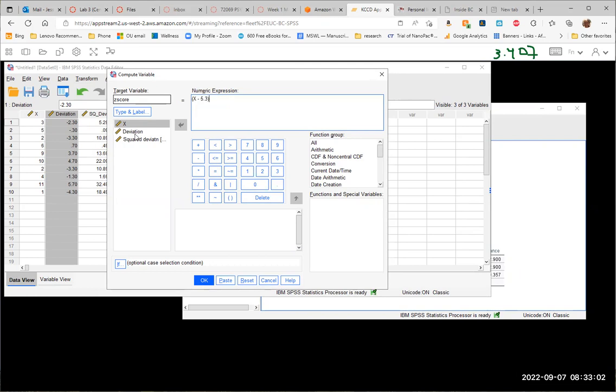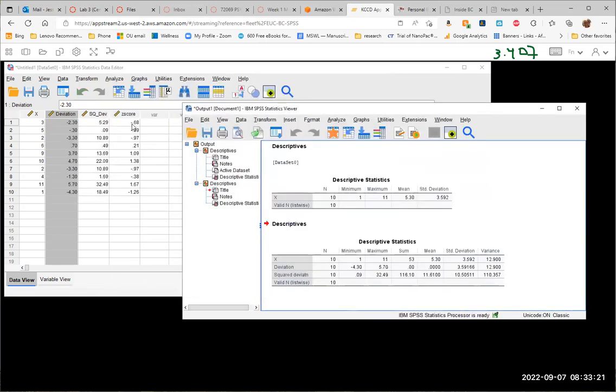You don't even have to calculate your deviation, right? Over, and this is where we're going to have the sample standard deviation, which is 3.407. We're going to do this two ways. We're going to do it directly without calculating deviations, and then the other way. So here's the z-scores right here. There's a deviation, and here's the z-score.